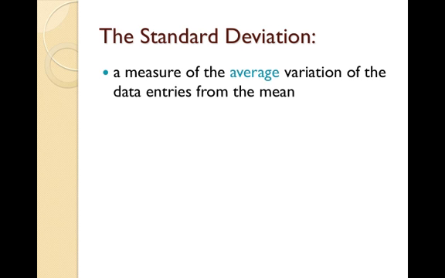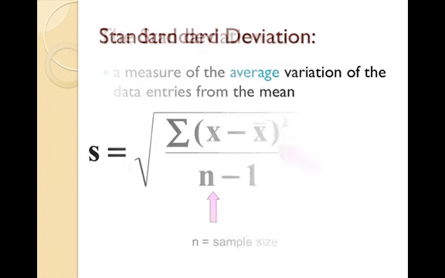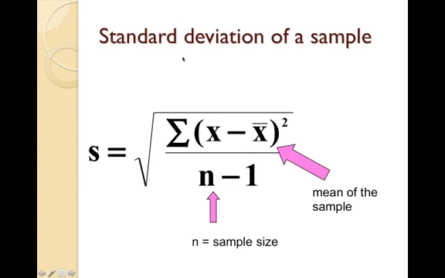The standard deviation is a measure of the average variation of the data entries from the mean. It's not just max minus min, it's a measure of the average distance from the mean for each observation. The way that we do this is we take the square root of the sum.